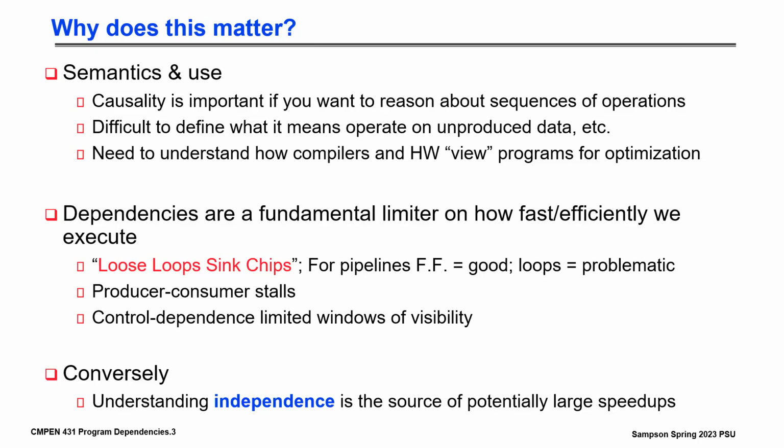Conversely, the other way to look at this is when we look at a dependence graph, we're in some sense less concerned about the dependencies than finding things that are independent. So if in the dependence graph there are no dependencies, I have enormous opportunity, right?